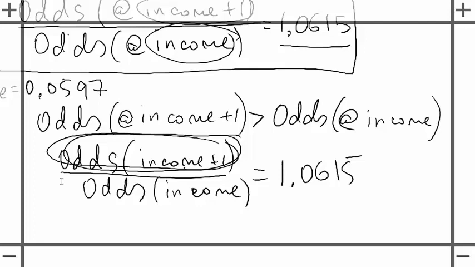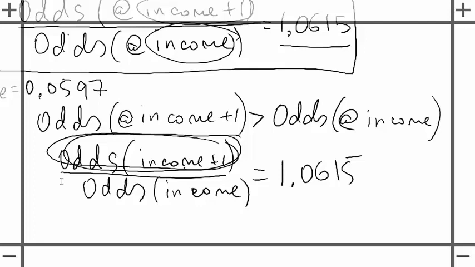If the ratio is above it, take the difference, and that proportion multiplied by 100 tells you by what percentage I'm going up. Same thing if the ratio is less than 1: subtract 1, the answer will be negative, but that tells you by what percentage your odds are going down. So if I'm getting an extra $1,000 in income, my odds of getting a loan from the bank increase by 6.15%.